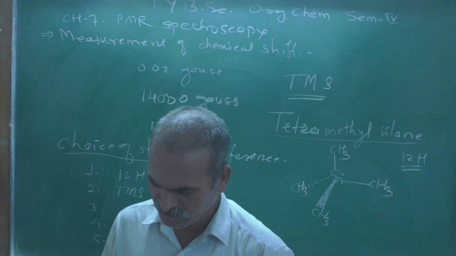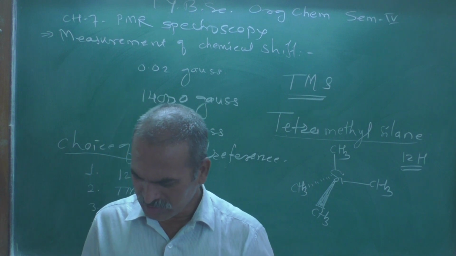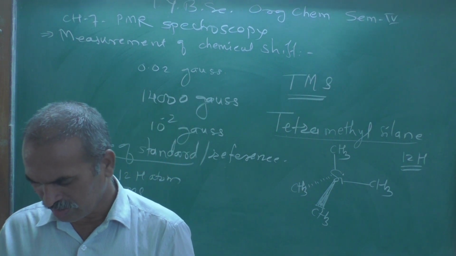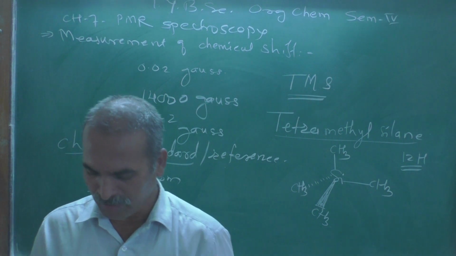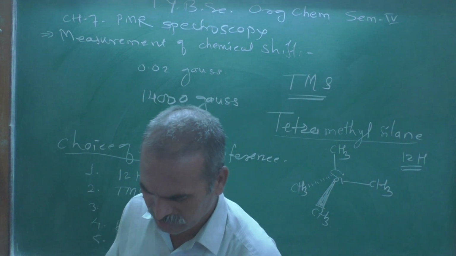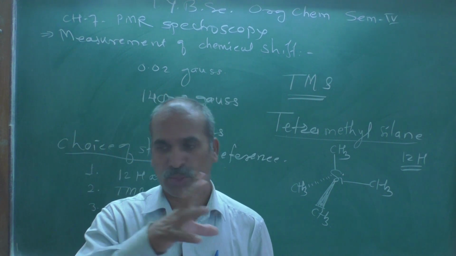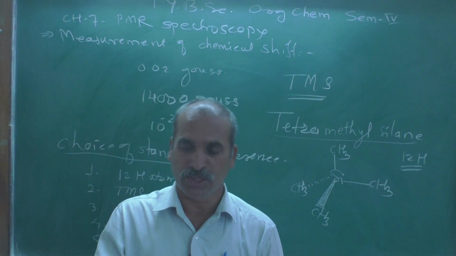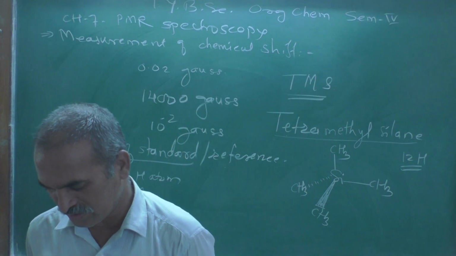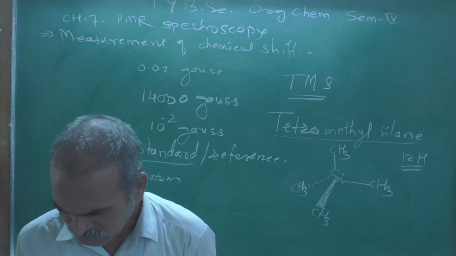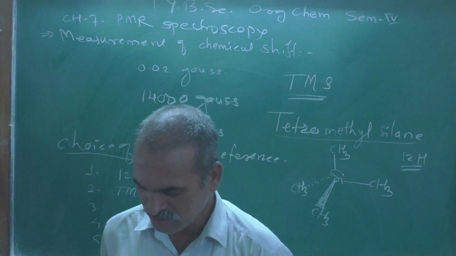Due to this, the magnetic field experienced by the sample proton and reference proton, that is those of TMS, is one and the same. These are the criteria due to which tetramethylsilane is used as a good reference compound in NMR spectroscopy.